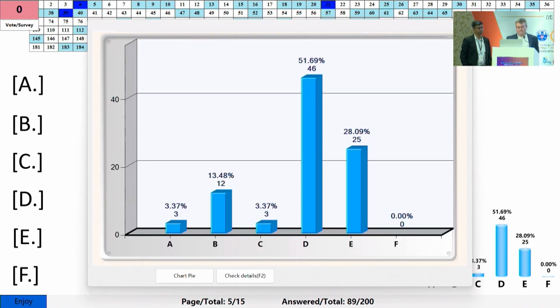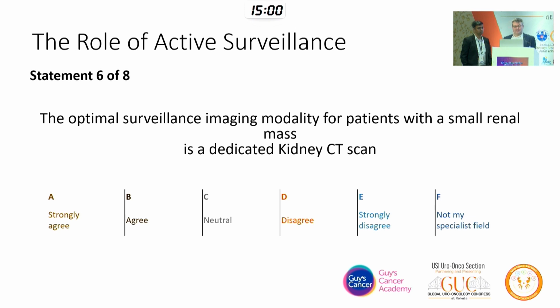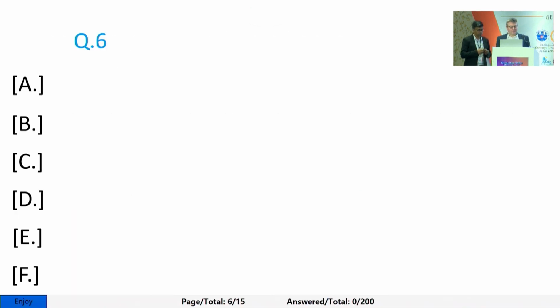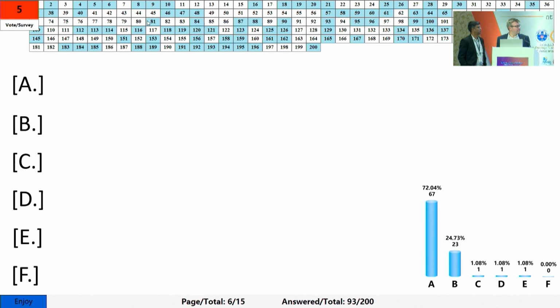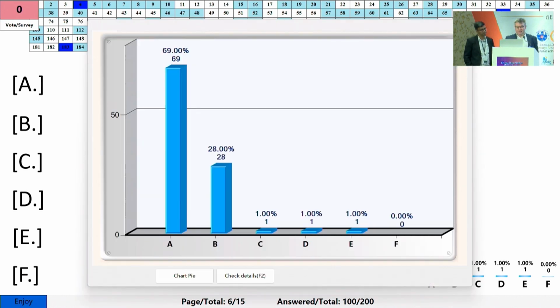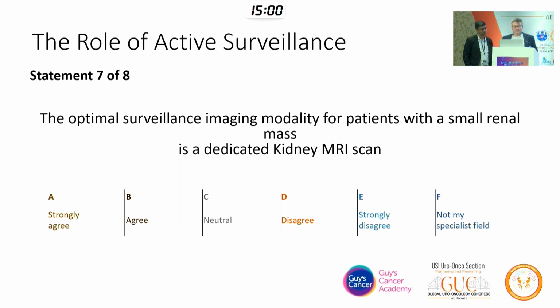Next question. Number 6: the optimal surveillance imaging modality for patients with a small renal mass is a dedicated kidney CT. Next statement: the optimal surveillance imaging modality for patients with a small renal mass is a dedicated kidney MRI scan.